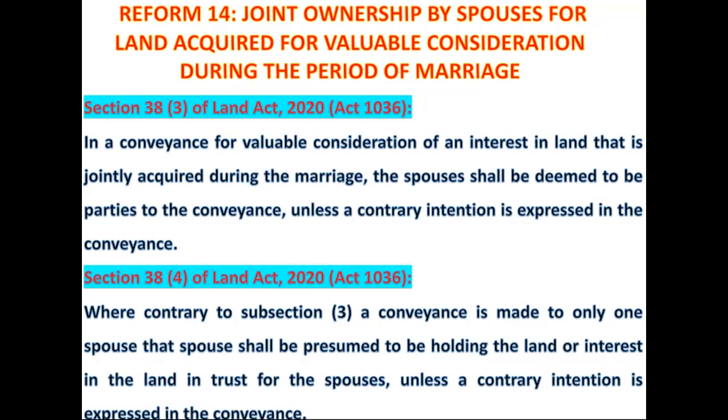Look at section 38, subsection 3 of the Land Act of 2020. It says, in a conveyance for valuable consideration of an interest in land that is jointly acquired during the marriage, the spouses shall be deemed to be parties to the conveyance unless a contrary intention is expressed in the conveyance.